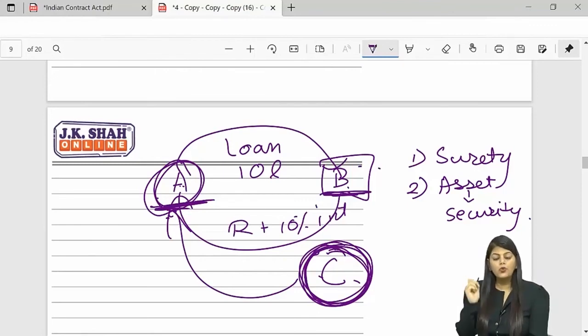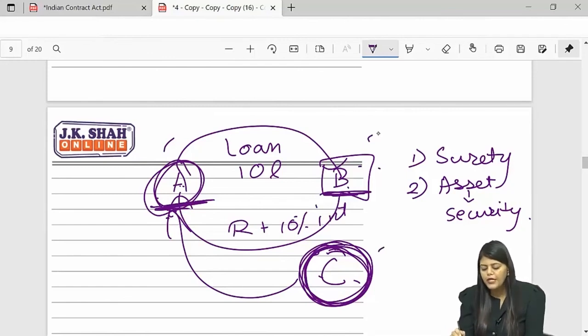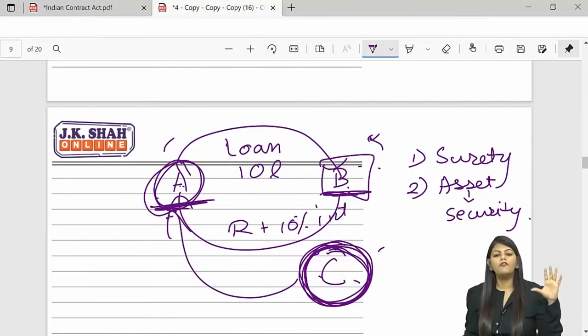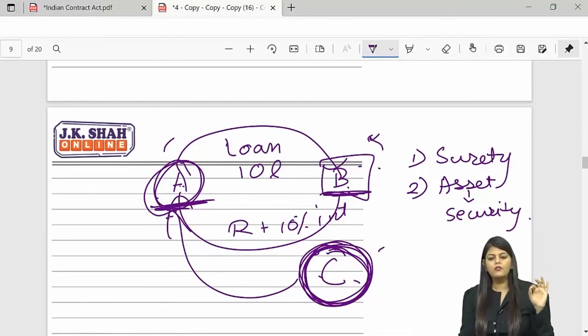But it is mutually decided between A, B, C that if B does not pay money, A will not sell the assets first. A will recover money from C first. I know it's different, it's vice versa, but it is mutually agreed that if B does not pay, A will not sell his assets, A will first recover money from C. And B defaults.